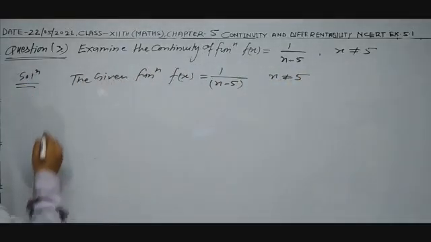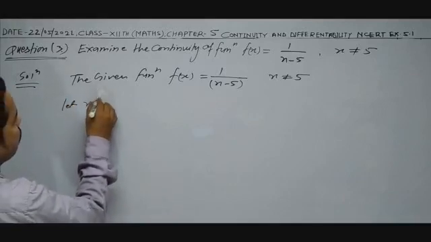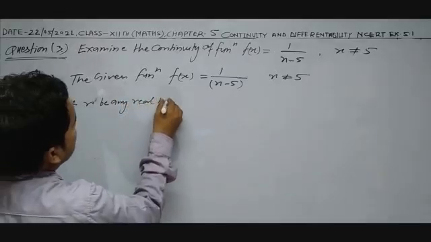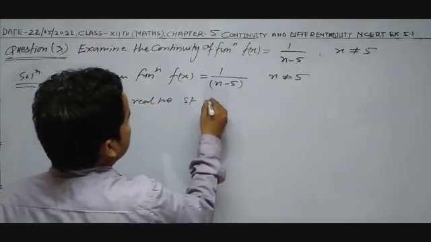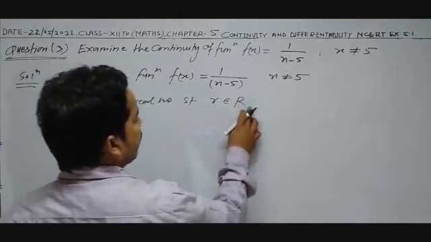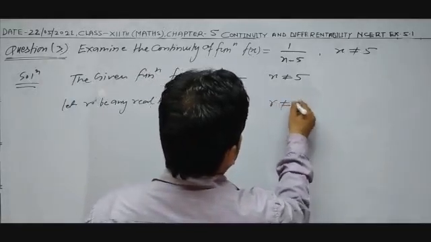So let small r be any real number such that small r belongs to capital R. Capital R means real numbers, and r is not equal to 5.